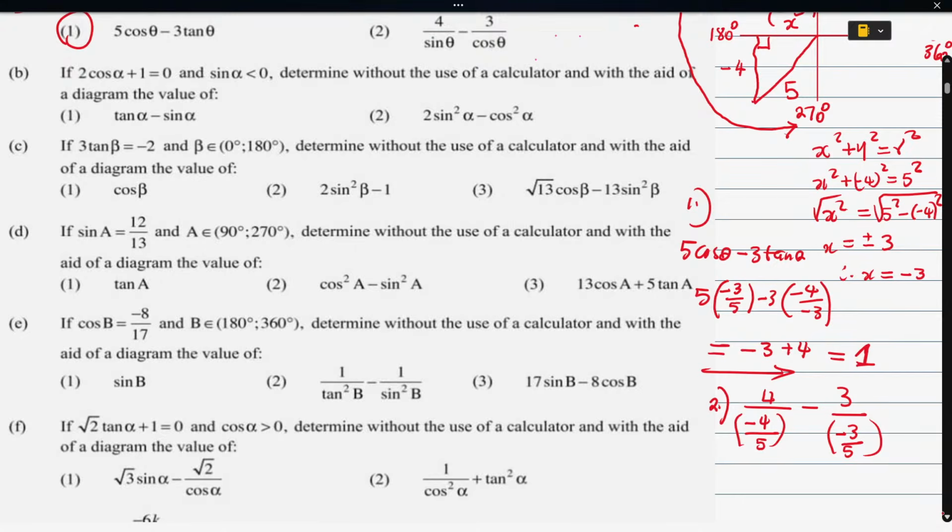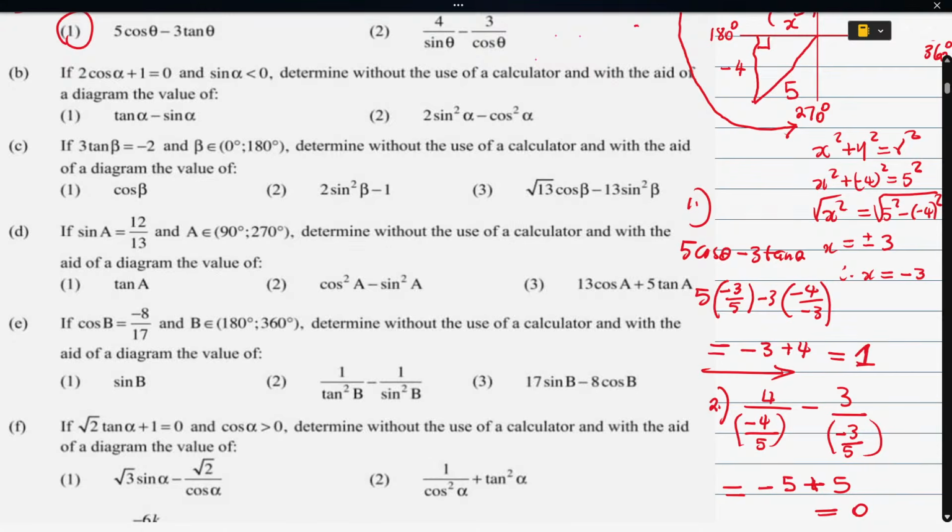Okay? So now when you press your calculator on this question, it becomes easy because this is going to be minus 5. When you press your calculator, it will be plus 5. So the answer is 0.